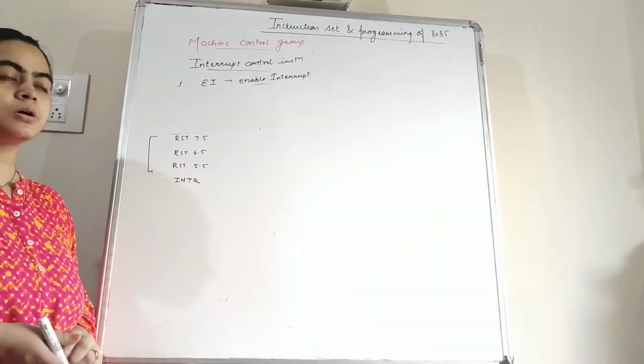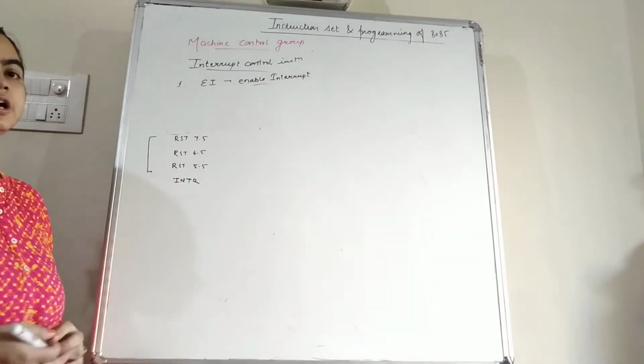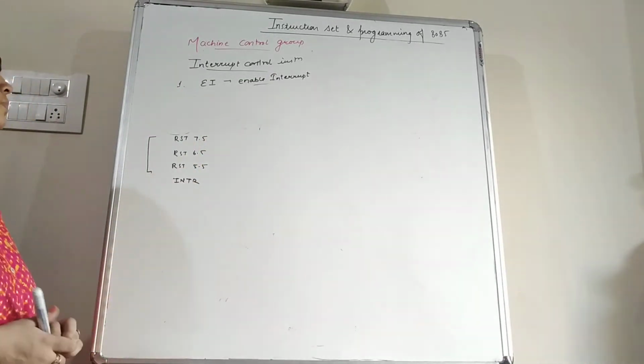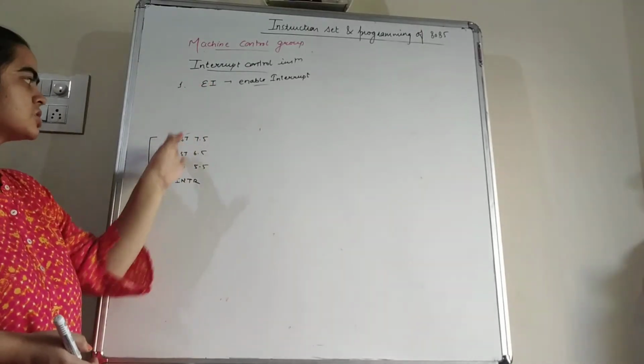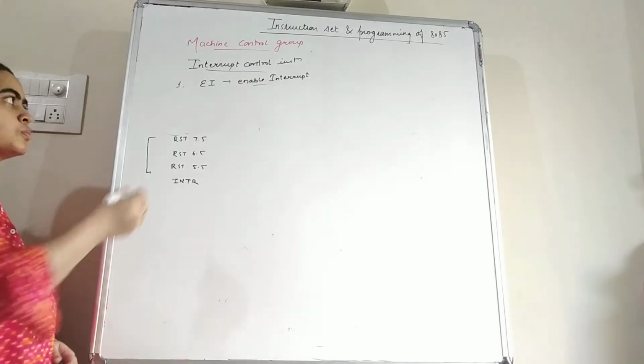So there is no need to enable or disable those. Only these 4 interrupts can be enabled or disabled, so this instruction works for only these 4.